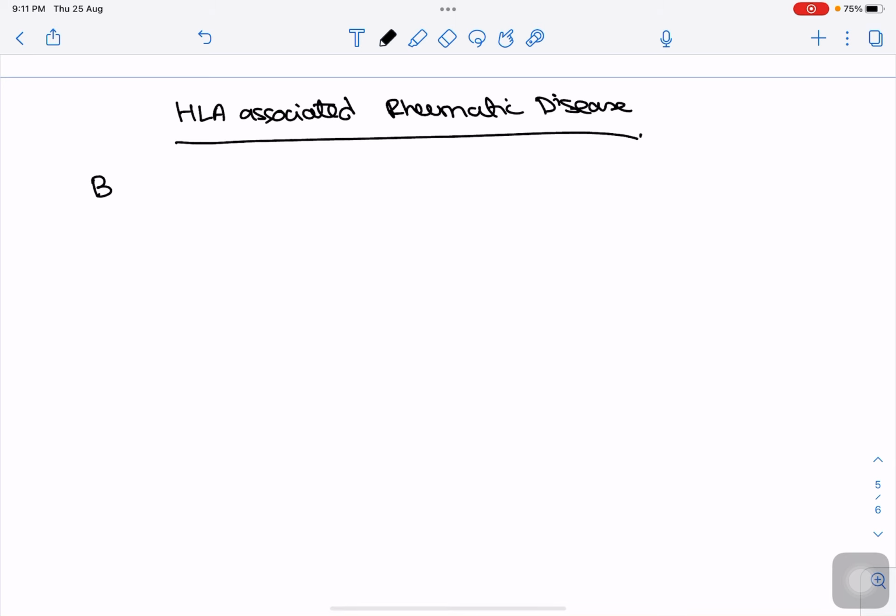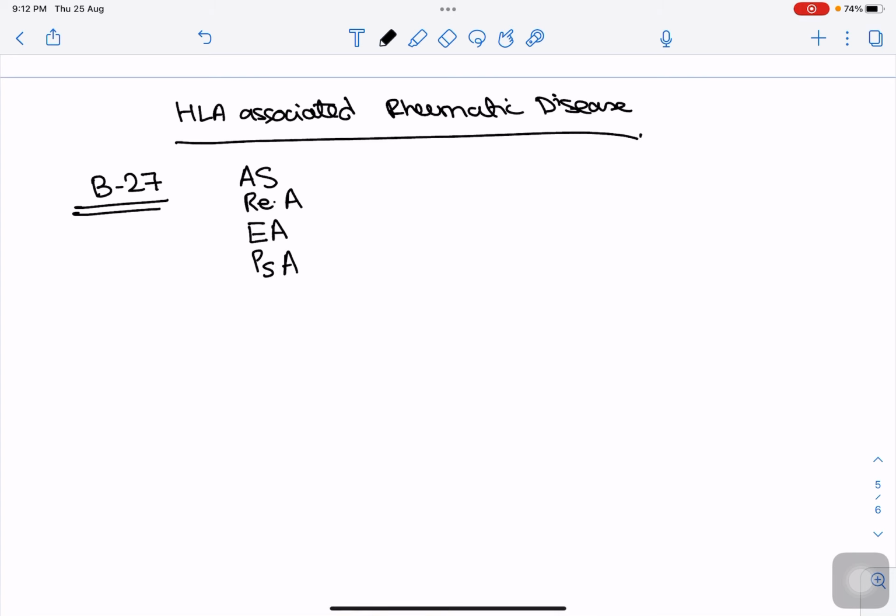For example, if a patient is HLA-B27 positive, the first thing that would come to your mind is ankylosing spondylitis, that is a seronegative spondyloarthropathy. Another thing that would come to your mind is reactive arthritis, that is another seronegative spondyloarthropathy. Another is erosive arthritis, and then there is psoriatic arthritis.